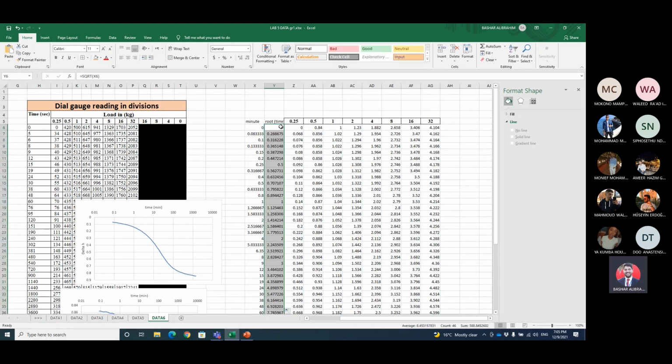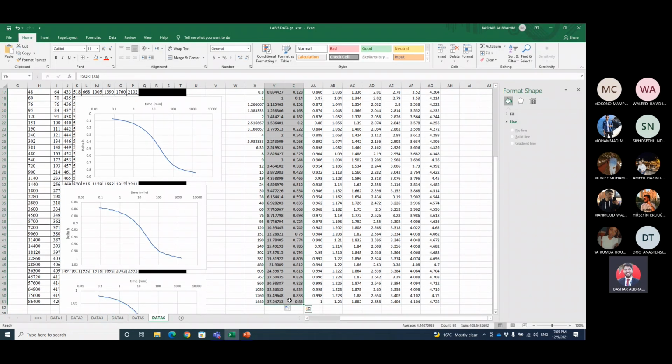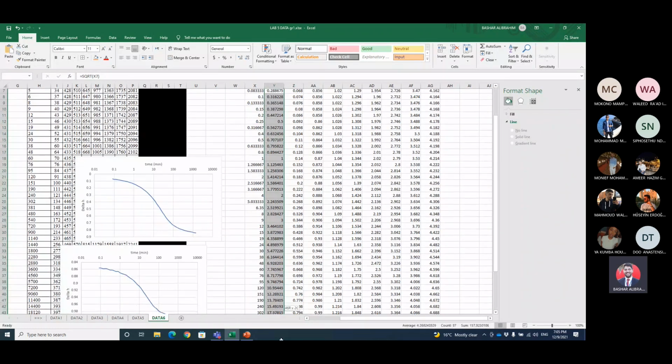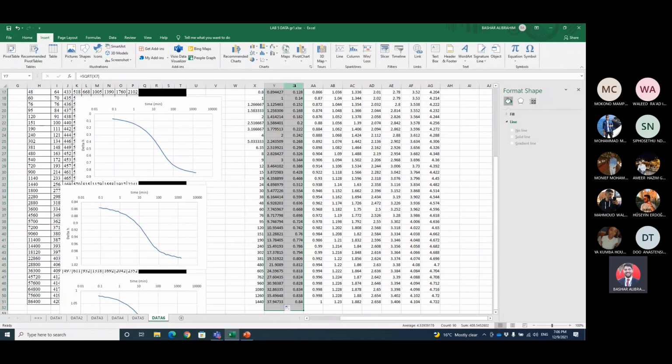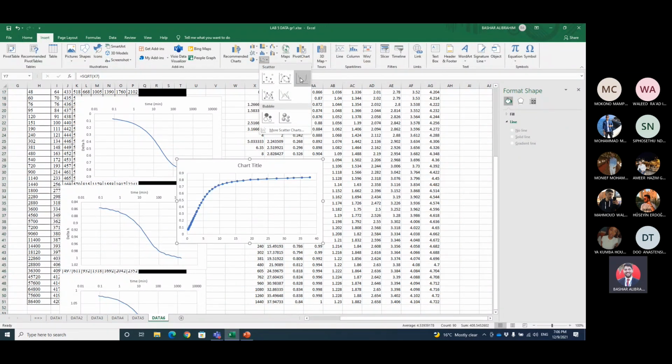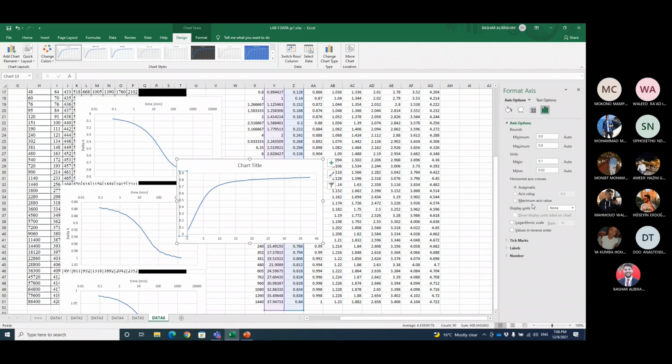So the graph will be a little bit different. So I will do it like this. Again, we will not select the 0. 0 is always unknown in this. So I will plot my curve without points. Then right click, format axis. We need to make it in inverse order, and that's all.